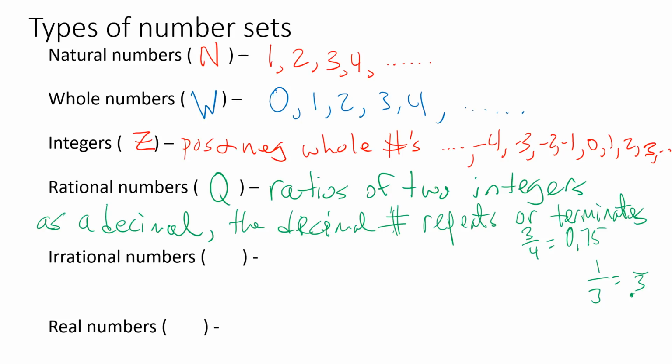Irrational numbers. Irrational numbers, as the name implies, are numbers that aren't rational, and we use a capital letter I to denote irrational numbers.